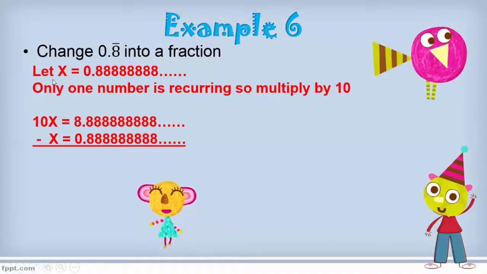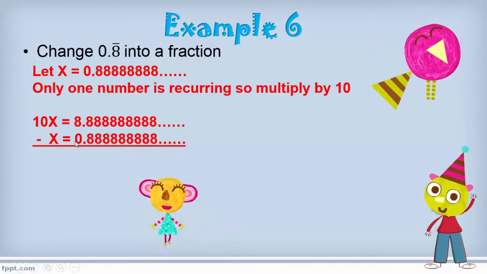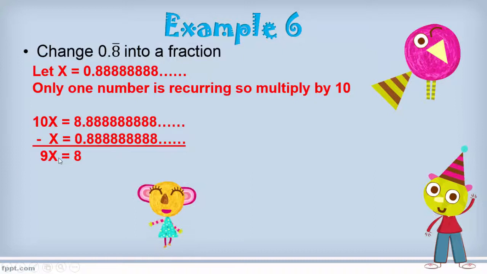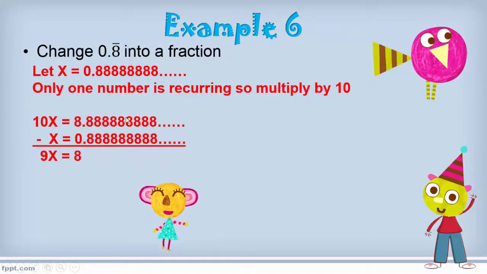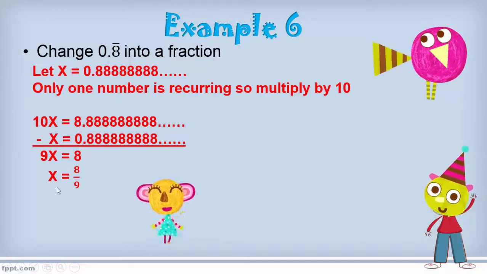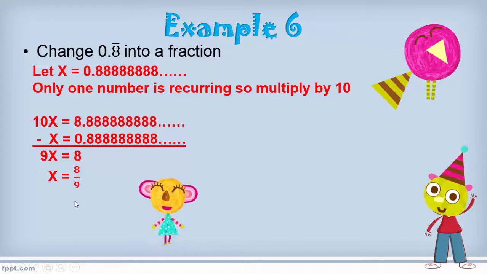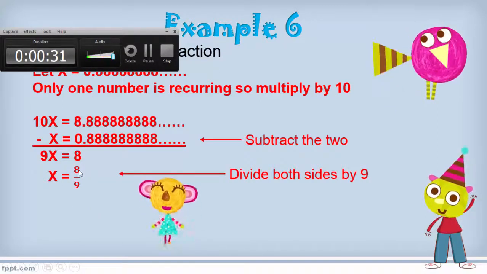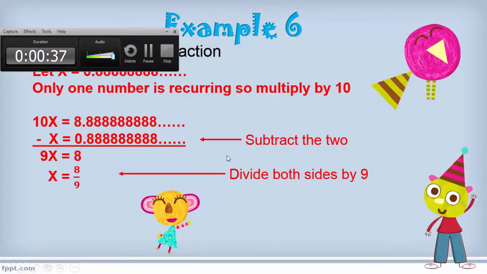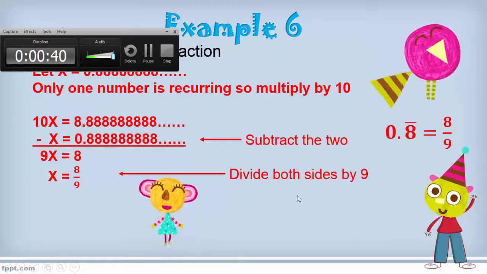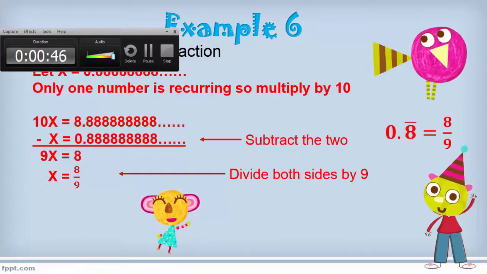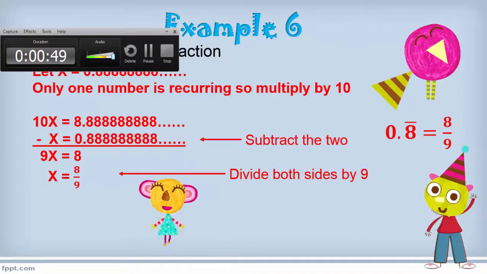Then we subtract our x, which was equal to 0.88888, and we get 9x is equal to 8, because when we subtracted, all the recurring part disappeared. And now we have x is equal to 8 over 9. If we plug in 8 divided by 9 on a calculator, we will get back 0.8888. So therefore, 0.88888 going on forever is equal to 8 over 9.